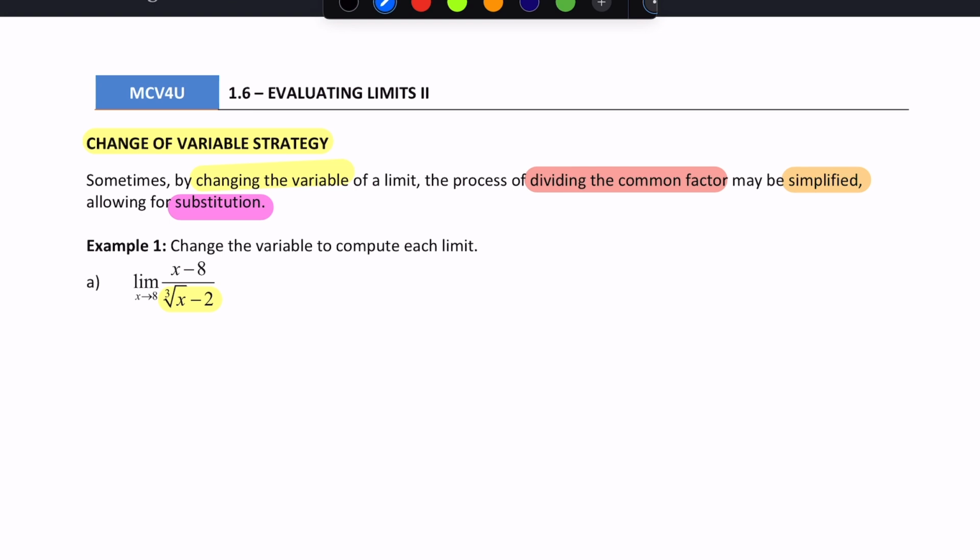And if we remind ourselves of the difference of cubes formula: a cubed minus b cubed is equal to a minus b times a squared plus ab plus b squared. So remember, that's a difference of cubes.